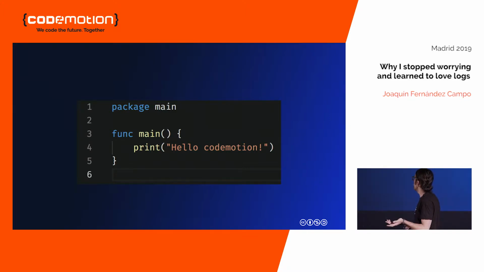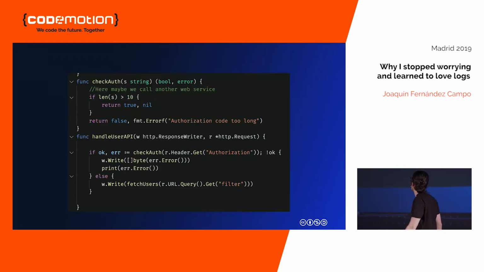It's a fairly simple thing, an easy way to get started programming. Using this kind of tool, it's also easy to get started logging, using just a print. There's an error, I just print it to the screen. This is what you would have in any service you run, at a really, really high level.